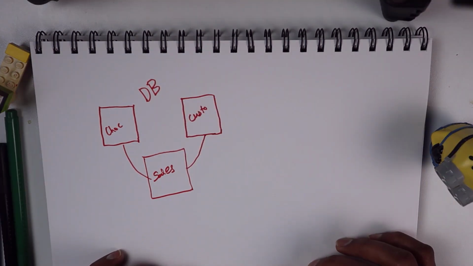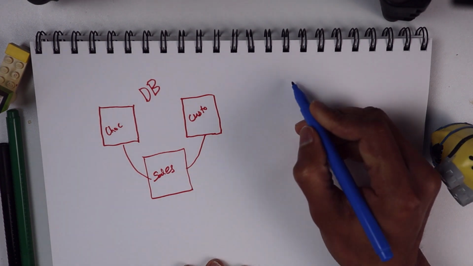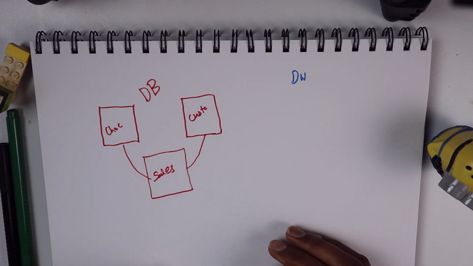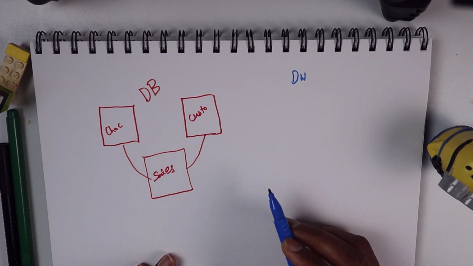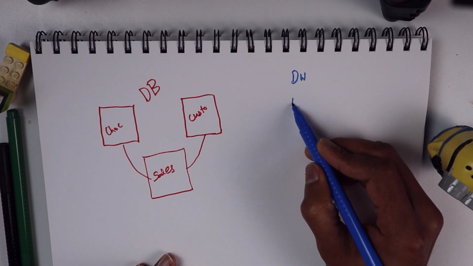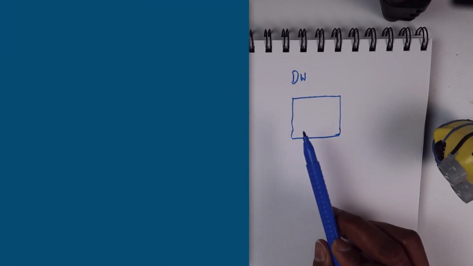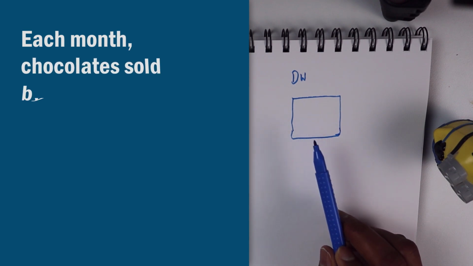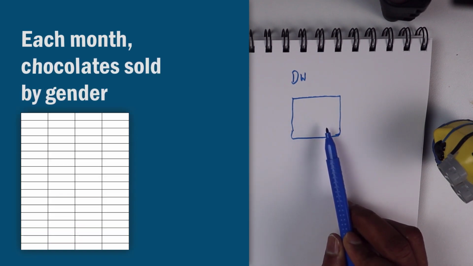Now where would you use a data warehouse? We will call that as DW. A data warehouse is a special type of database that is primarily designed so that you could do analysis and reporting. So within the data warehouse, you could, for example, have a table that talks about for each of the months how many boxes of chocolates we have sold to male versus female customers.